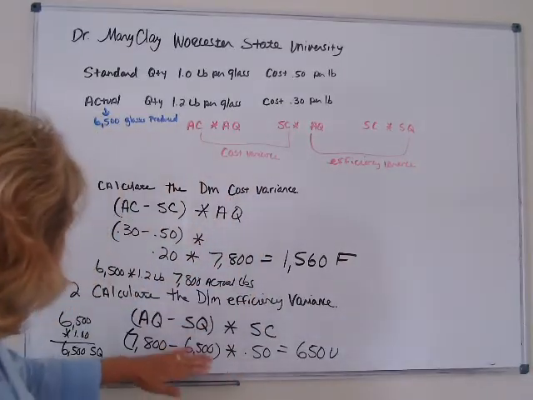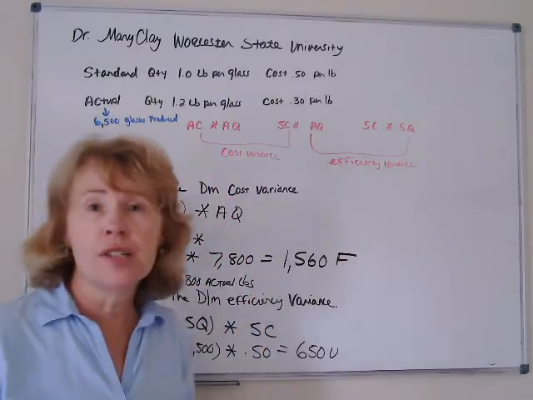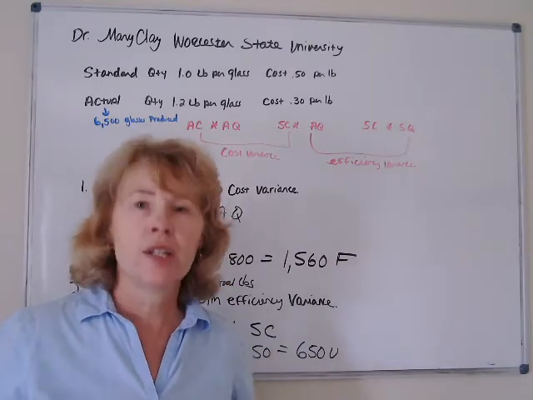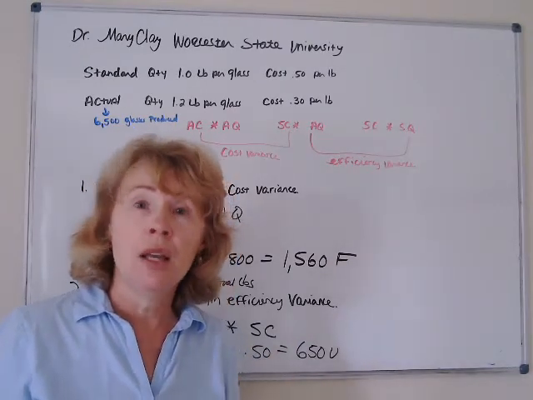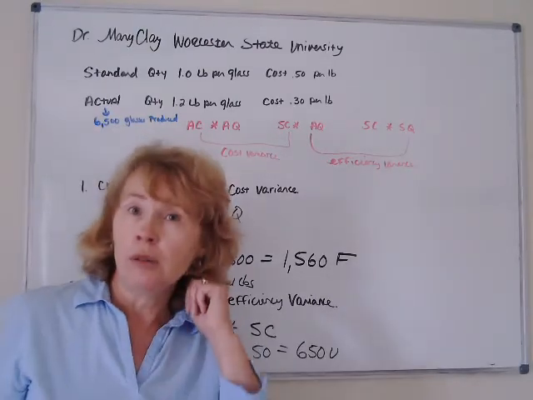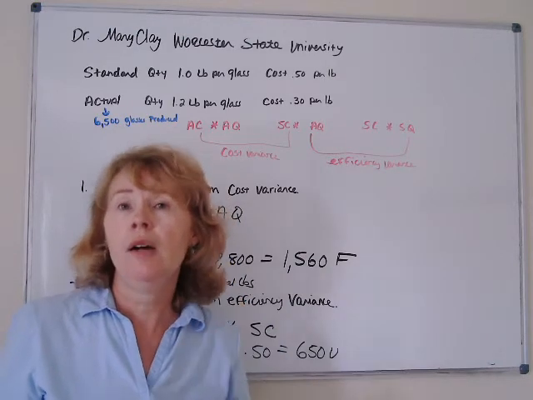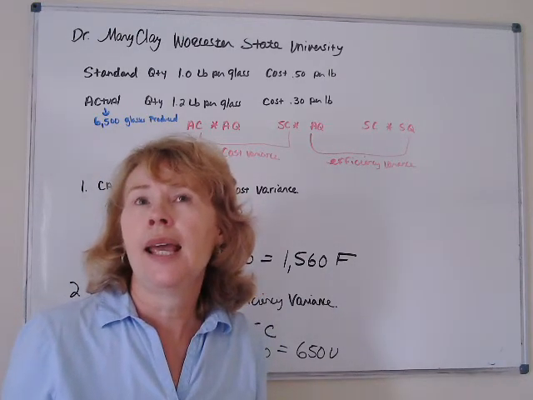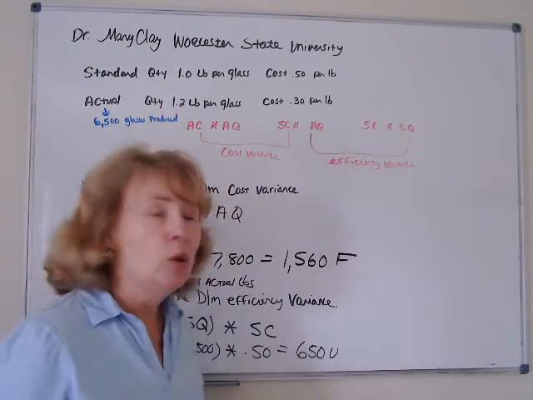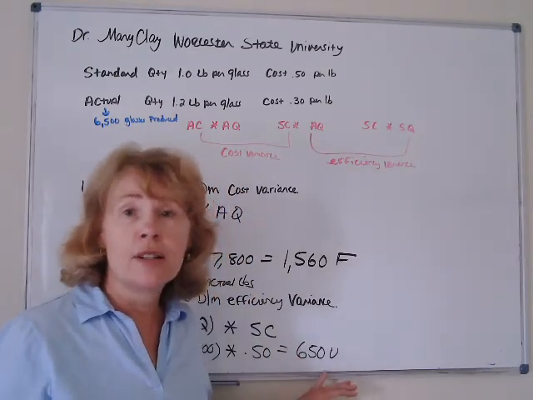All right, who's responsible for the efficiency variance? That's going to be the production manager, the person who's in charge of producing that product. So this is unfavorable. Well, what could have happened? It could be that they hired some new employees who aren't as efficient.